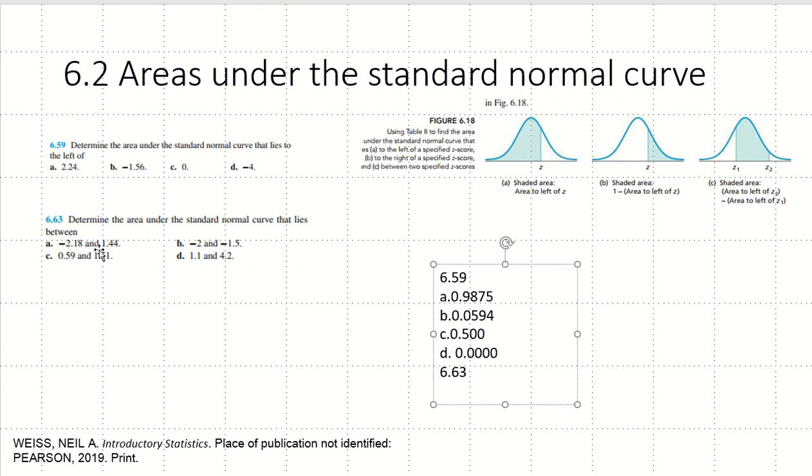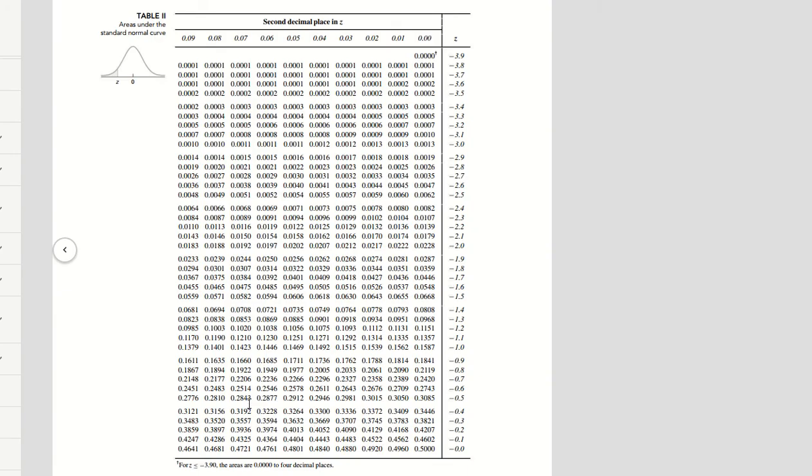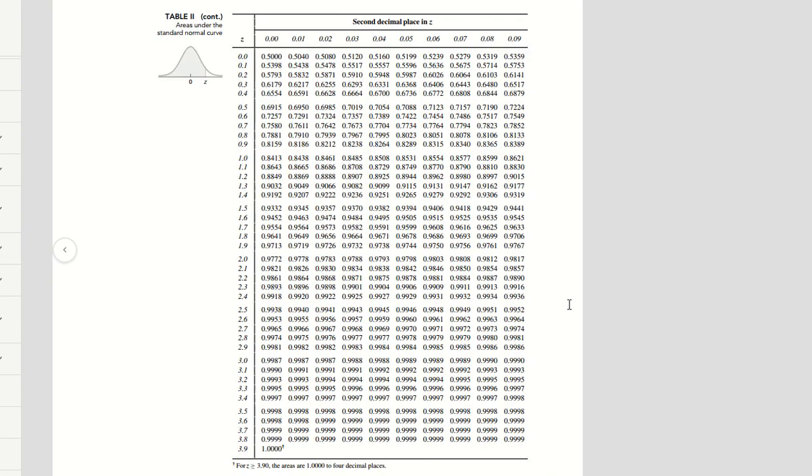Okay, so for part A, we'll do that right now. It says -2.18 and 1.44. So I will locate positive 1.44, and it gives us 0.9251.